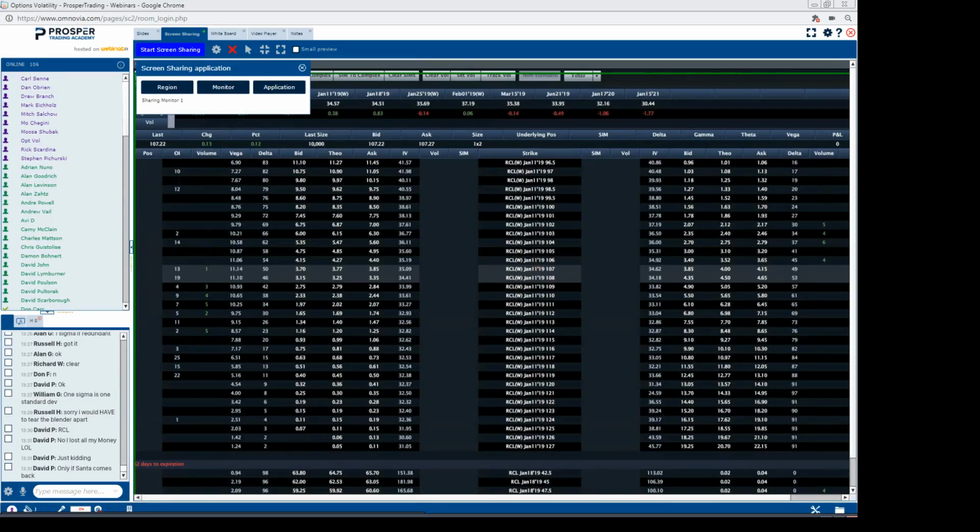What we want to do is see what the market is expecting based on all of those factors going into the Black-Scholes model, all of those factors going into the blender, between now and then, the move, the range that RCL is going to trade in.